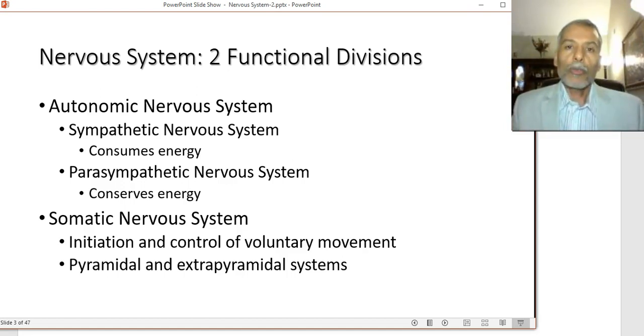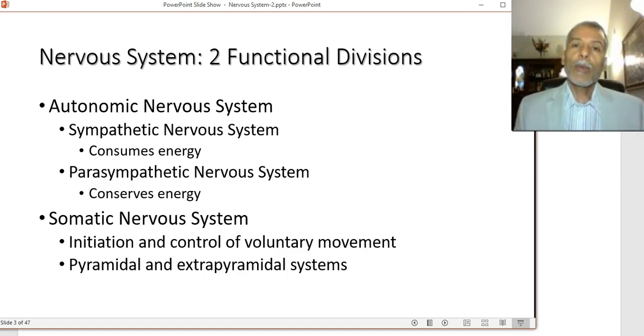You don't have voluntary control over your stomach digesting, or over your, for example, diaphragm contracting and going back up. You don't have control over your heart. So all these functions that we do not have control over, they are autonomic, and they are controlled by special parts of the nervous system that we know as the autonomic nervous system.